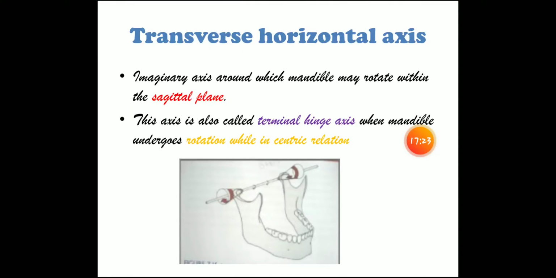So what does this orientation jaw relation mean? You're orienting the mandible to the cranium. So you're transferring this transverse horizontal axis so that you are able to replicate the same movement in the articulator also. The device which we use for this orientation jaw relation is the face bow.